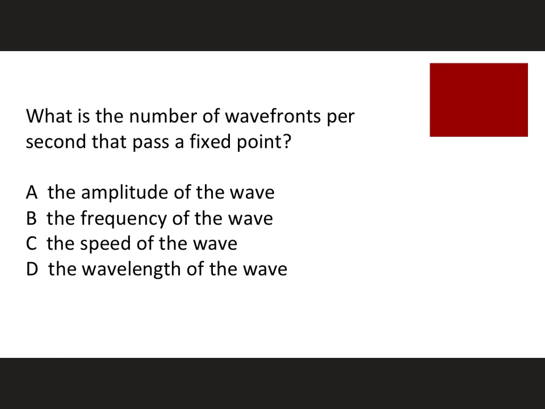So what is the number of wavefronts per second that pass a fixed point? So let's think about it this way. I've got a whole bunch of waves, and I can either think about how fast I make them, or if they are moving by me and I'm a person standing right here, how many pass by me each second?